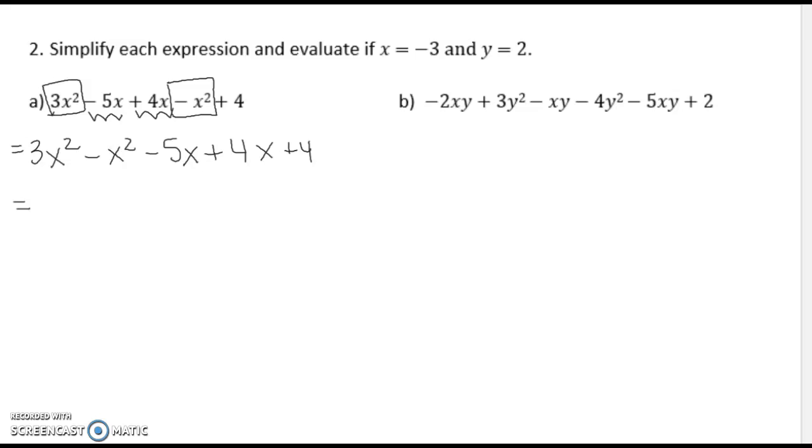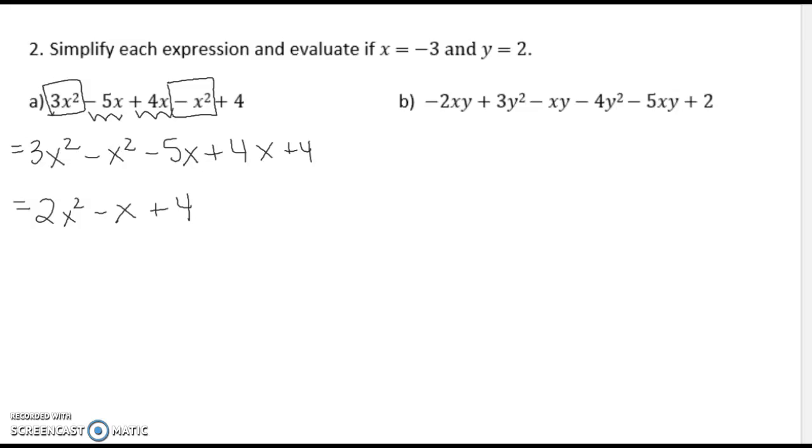So now we're going to simplify. 3x squareds, take away 1x squared, gives us 2x squareds. And then negative 5x plus 4x gives you negative x. And then we just have a positive 4 at the end.